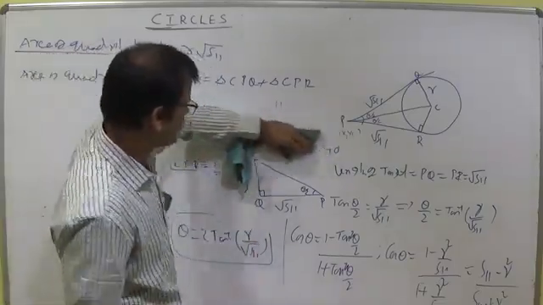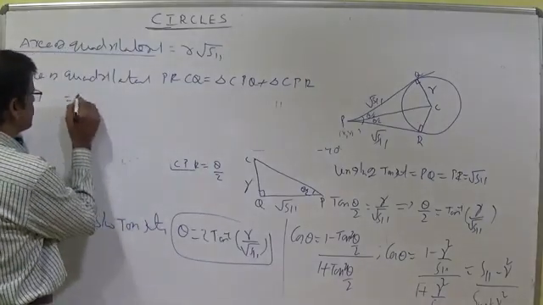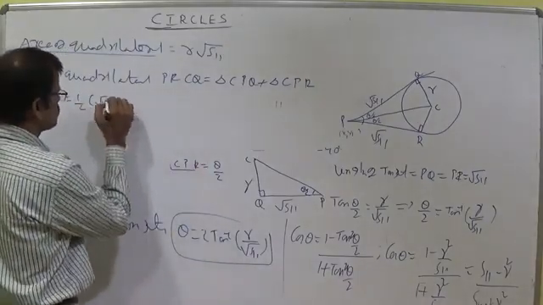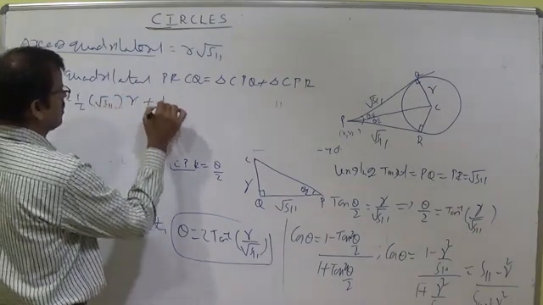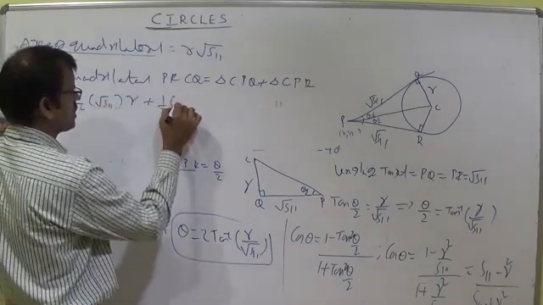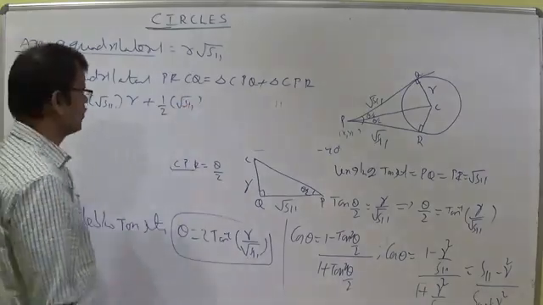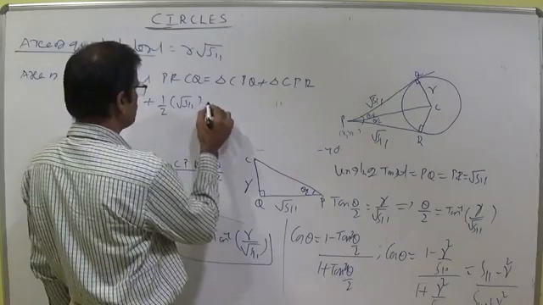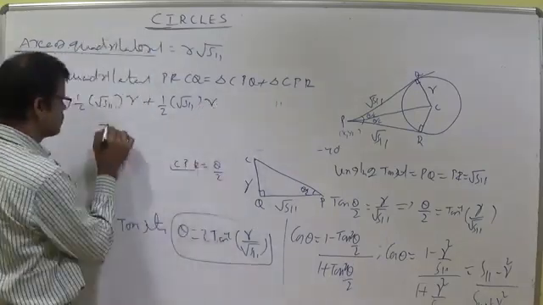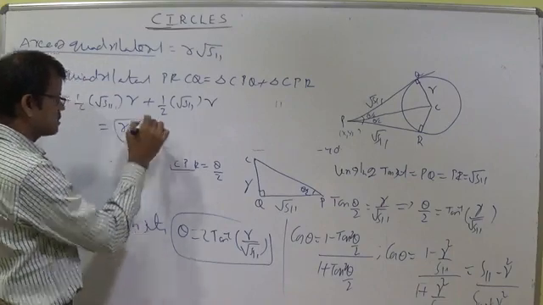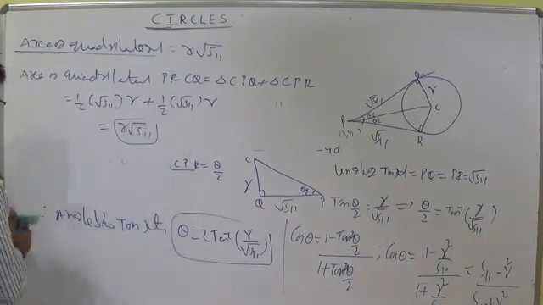Using half into base into height, that is half into base, which is root S11 here, and height is R. For the next triangle, also the same concept, because radius will not change and length will not change. So 1 by 2 into root S11 into R, and you can write the area of the triangle as R root S11. This is a CUQ question, for objective I am saying.